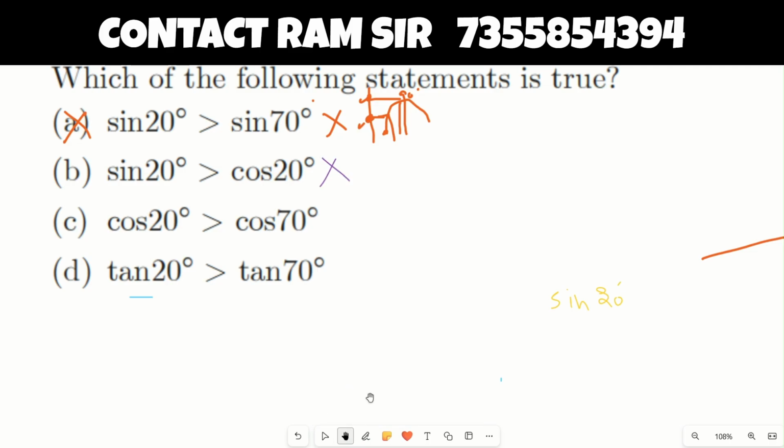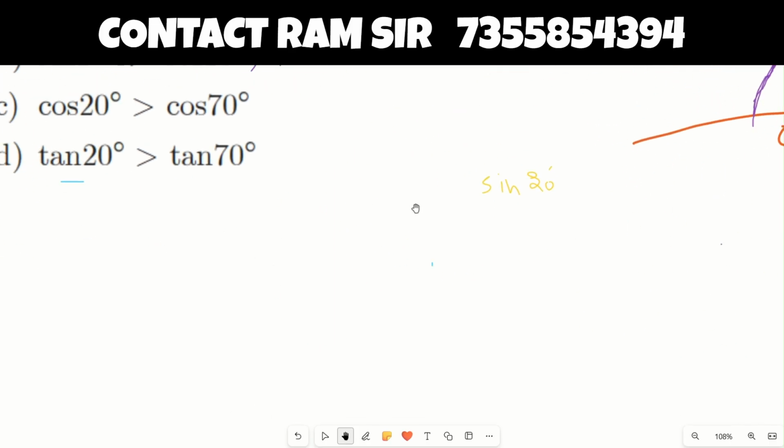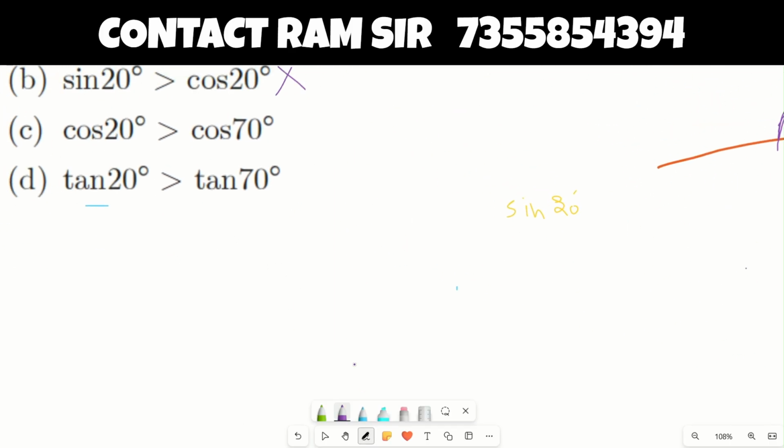Now I am moving toward cos 20 and cos 70. I again make a new graph of cos. Okay, this one is a graph of cos, but I need only this portion 0 to pi by 2. Now their claim is cos 20 is greater than cos 70.